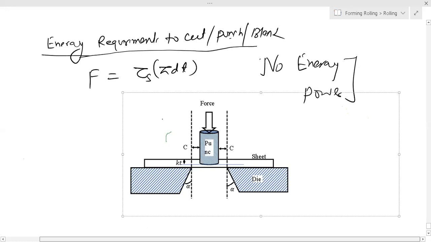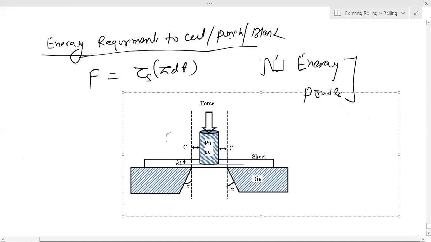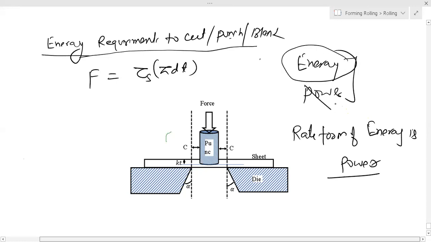Rate form of energy is power. Somebody asked a question; if you ask any question, make it public. So here I am talking about the energy, not the power.